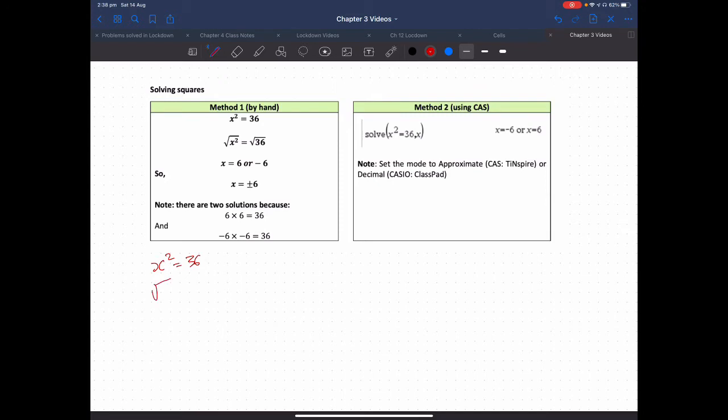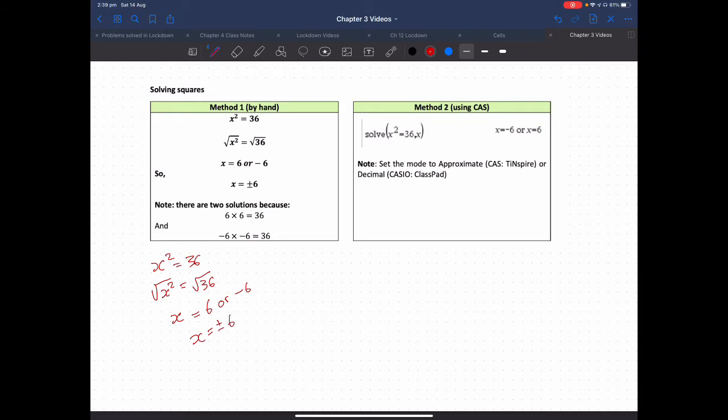So we've got square root of x squared equals the square root of 36. The square root and the square cancel each other out. A common mistake is to write the square root of 36 is 6. It is 6 or negative 6, which we can write as x equals plus or minus 6.